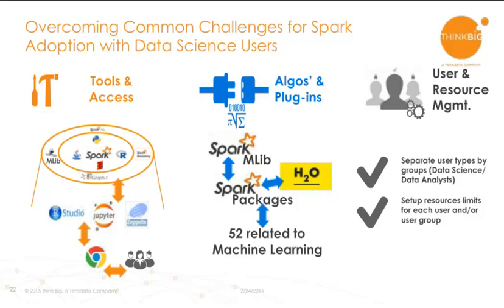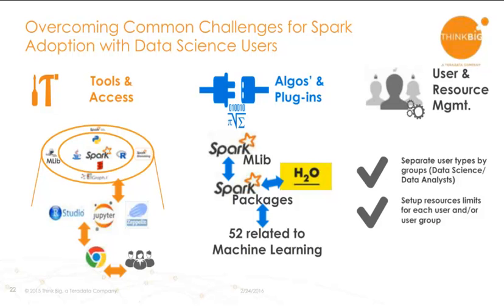Second one is around algorithms and plugins. Today, Anand was presenting a few algorithms available on MLlib, but I just want to call out that it's important to look at Spark and the amount of plugins that have been created in the Spark package ecosystem. If you're solving a business problem and the algorithm you're trying to use is not available out of the box, you have other options.